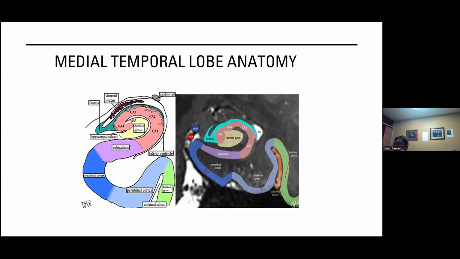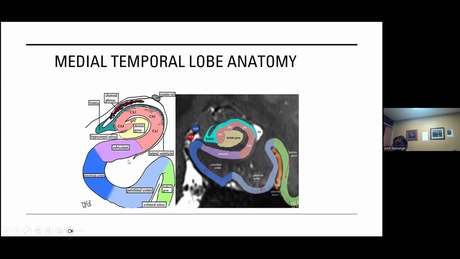This illustration on the right is an MR coronal section, showing just a little bit more detail of the medial temporal lobe anatomy, which comes heavily into play when we're looking at functional surgery, such as in dealing with medial temporal sclerosis and seizure surgery.